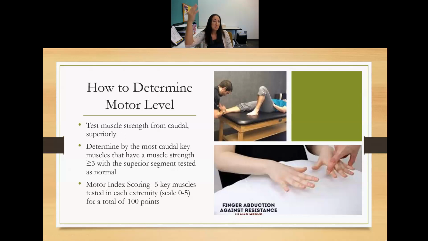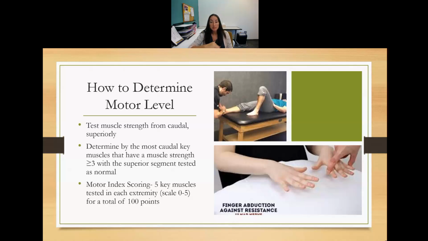So you're going up and you're getting 1 out of 5, 2 out of 5, 2 plus out of 5, 3 minus out of 5. Once you get to the level that has a 3, and if you start testing up and everything above that is a good 4 out of 5, good strength, then that is your level. The level that tested 3 with everything above it being normal, everything below it being 3 or below.